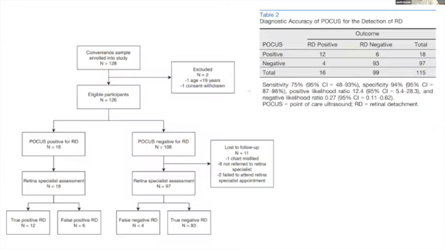Basically, they enrolled 126 patients that were eligible participants, and essentially they had more false positives and false negative retinal detachments. So in this case, the sensitivity was only 75% for POCUS for detecting retinal detachment, while the specificity remained high at 94%.